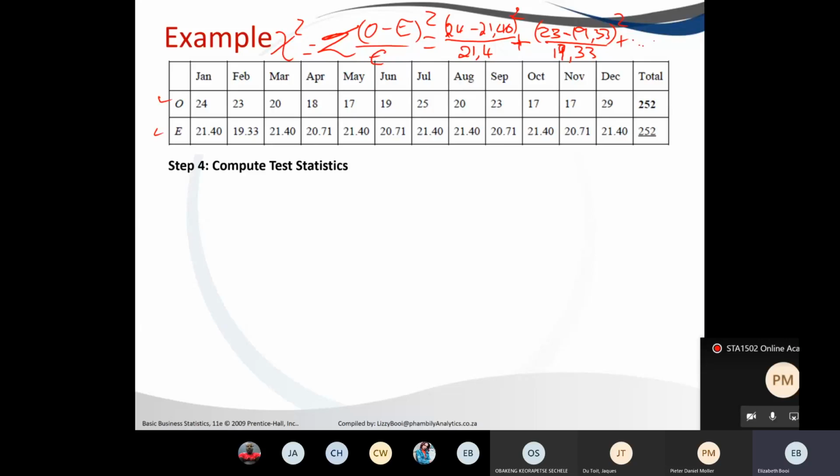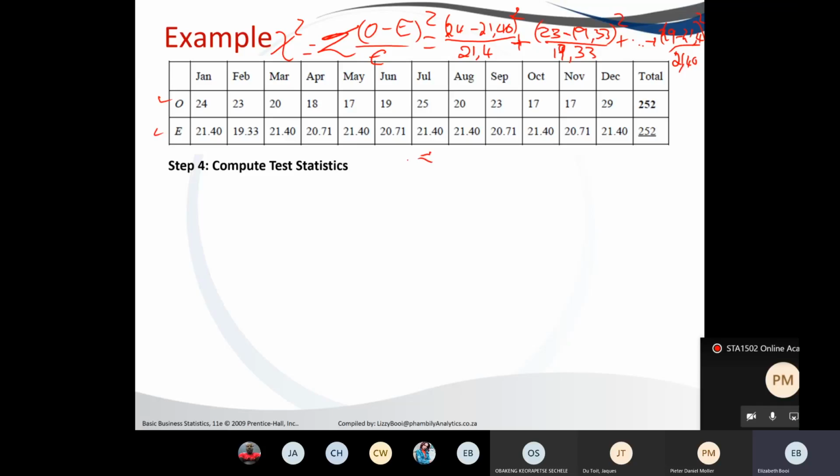And you complete the whole thing until you get to the end, excluding the total, which is 29 minus the expected of 21.40, squared. Remember to square that, divide by 21.40. Once you have done that, you go and you start working out.